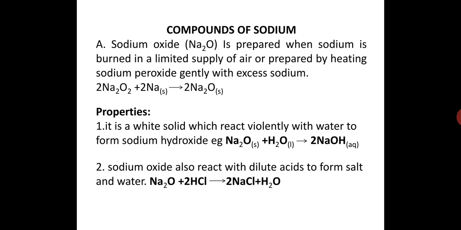Then we move over to properties of sodium oxide. One of the properties of sodium oxide is that it is a white solid which reacts violently with water to form sodium hydroxide.